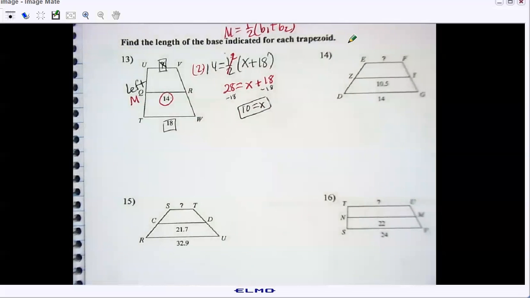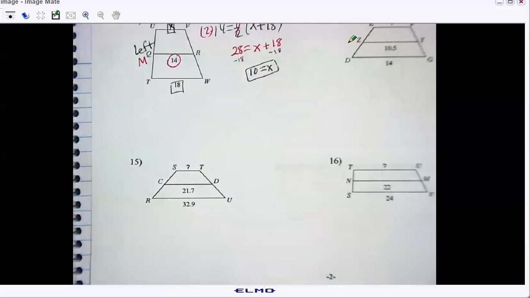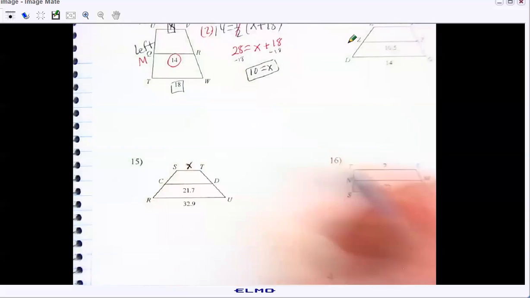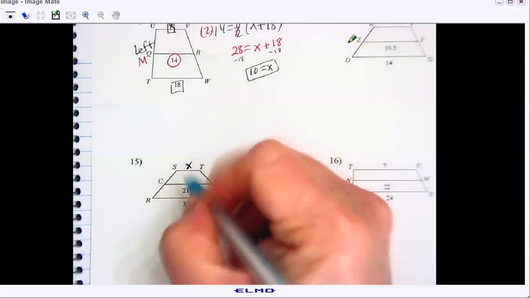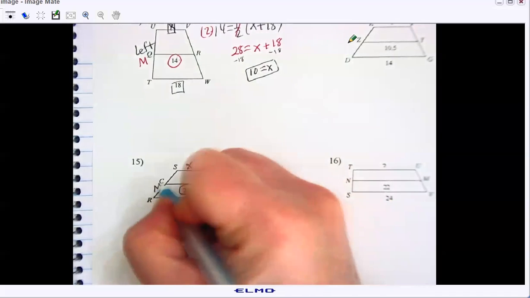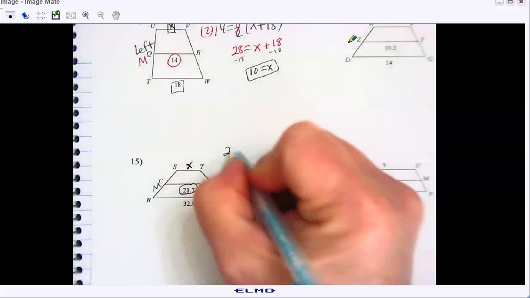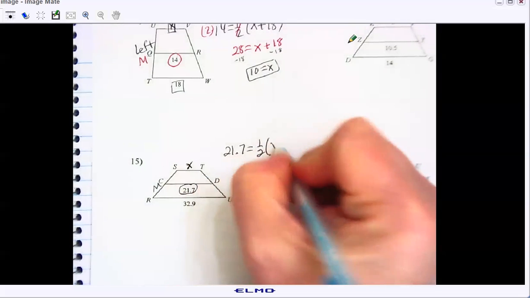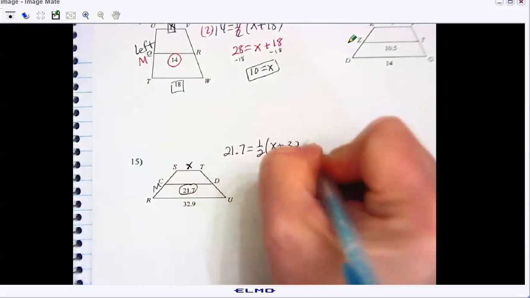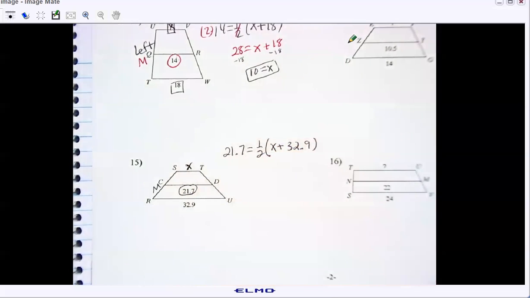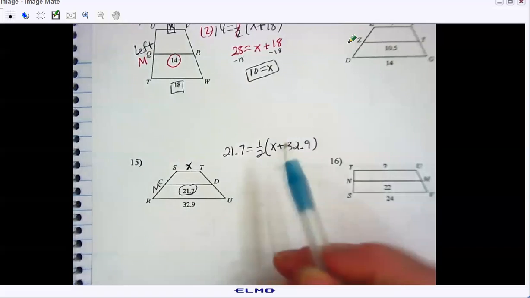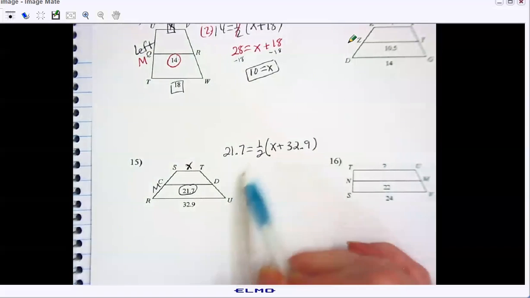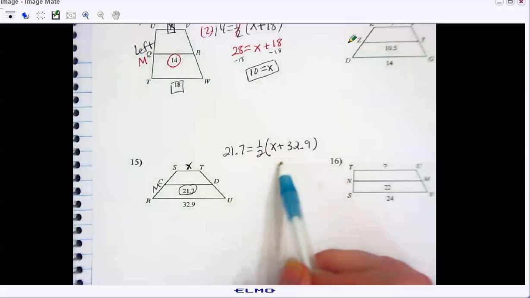Let's do 15. It's a decimal, grab a calculator. So this is my m, goes on the left side, 21.7, 1/2 of x plus 32.9. Now, notice the difference from the other types of problems that we were doing. We would add them first and then take half. Well, this time there's an X in the middle.